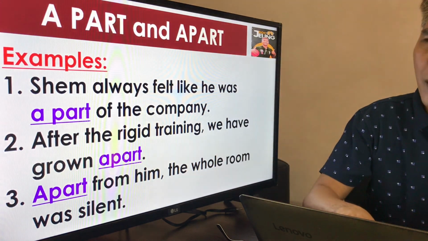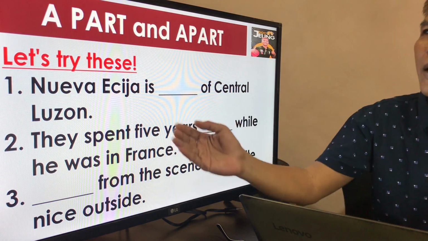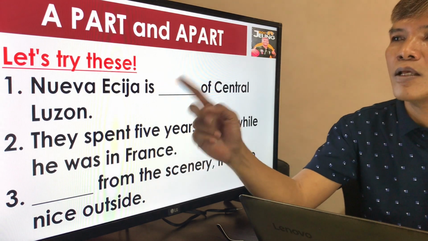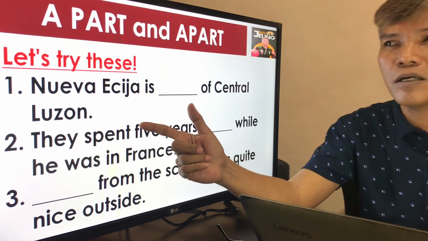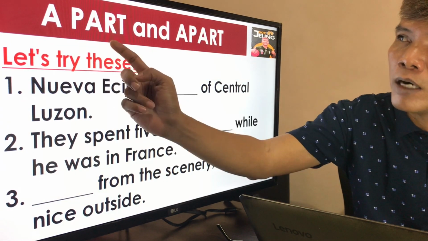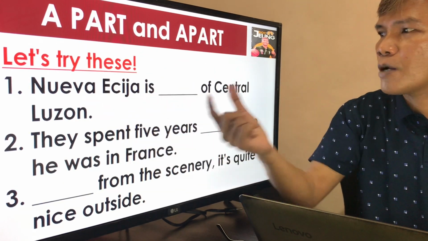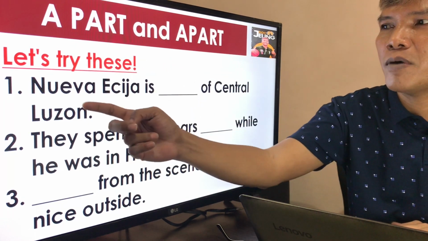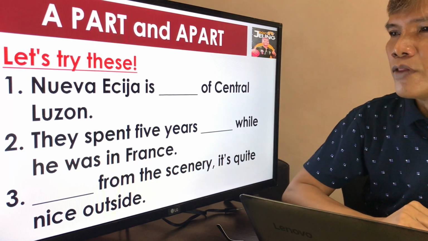Okay, let's apply it. Let's try this. What is the correct answer? A part or apart? Nueva Ecija is blank of Central Luzon. Since Nueva Ecija is a portion of Central Luzon, we'll use a part. Nueva Ecija is a part of Central Luzon. Number 2.